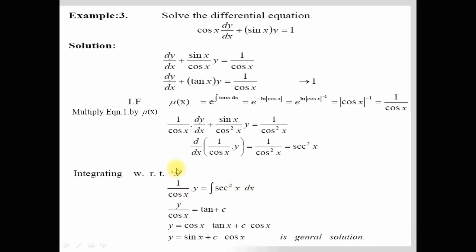The q function is 1/cos x and the integrating factor is also 1/cos x, so that gives 1/cos² x, meaning sec² x. The integration of sec² x is easily tan x plus c. So this is the solution of the given linear differential equation, and this is the end of this segment.